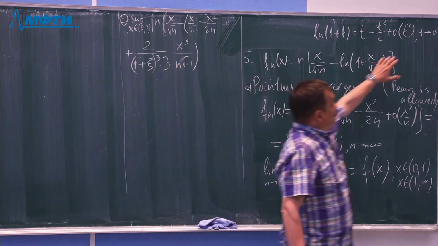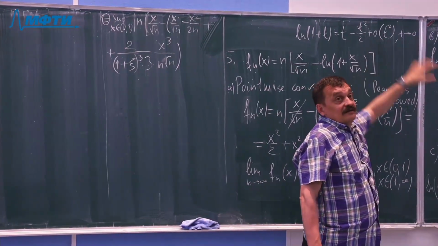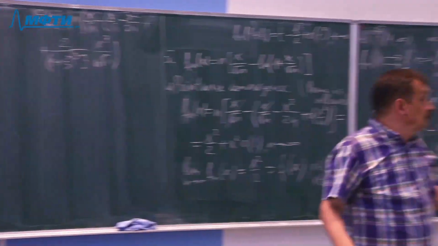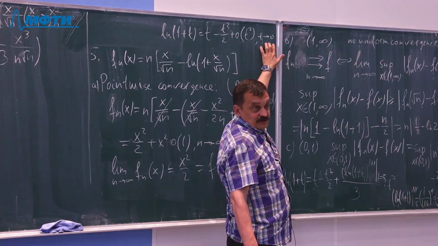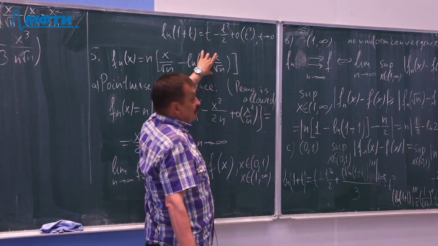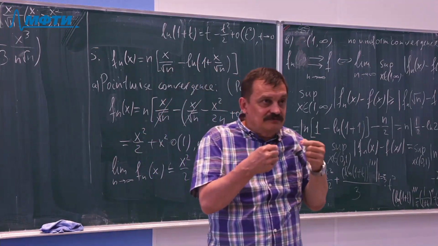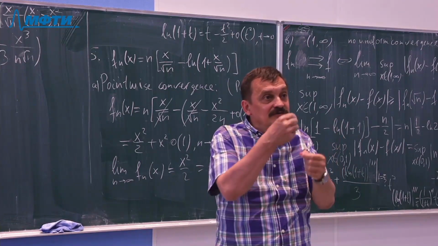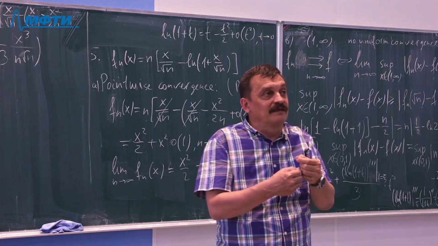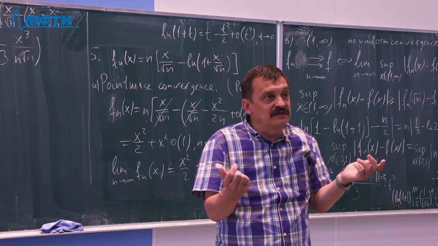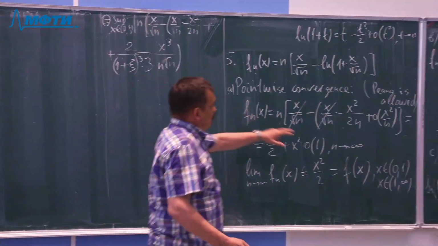That is why when you write little o, you have no idea how it looks when we consider not only values of t which tend to 0, but here you have x, and you need to take into account some knowledge about this x over square root of n. What happens with it? How to do it with little o? No way.